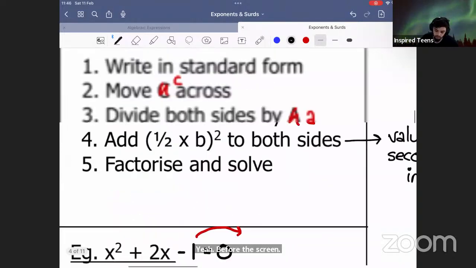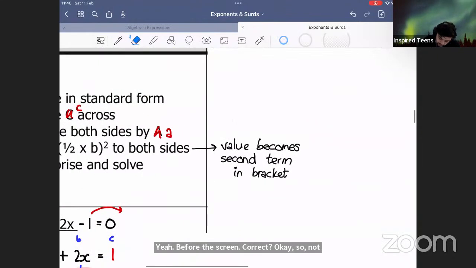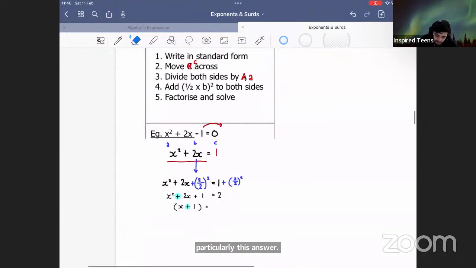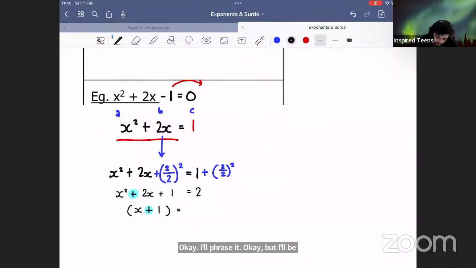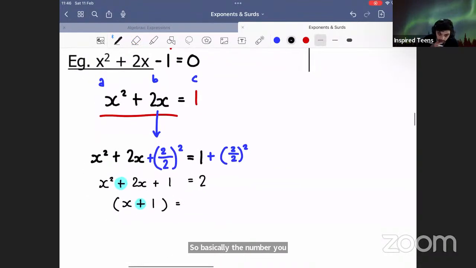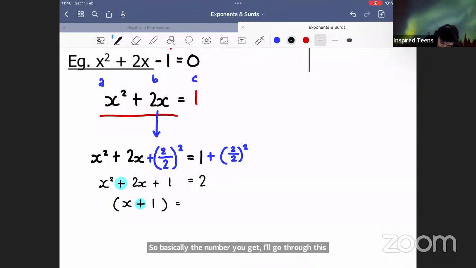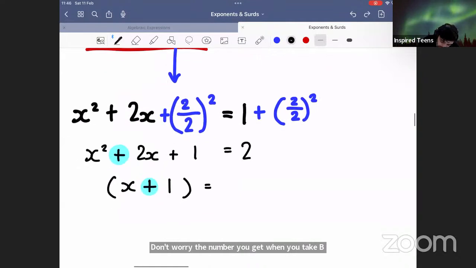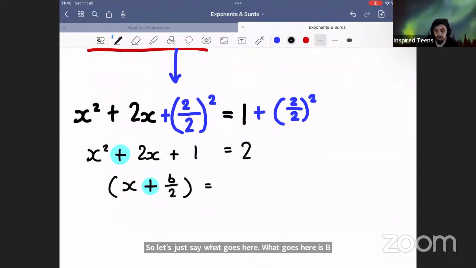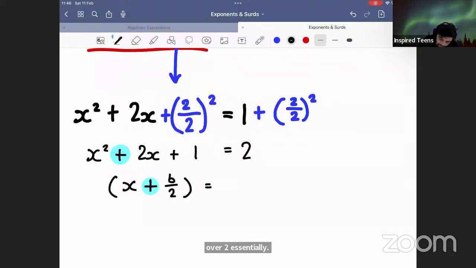So I'll re-explain it one more time so that we understand it. The number you get when you take b divided by 2, let's just say what goes here is b over 2, essentially, and equals 2.